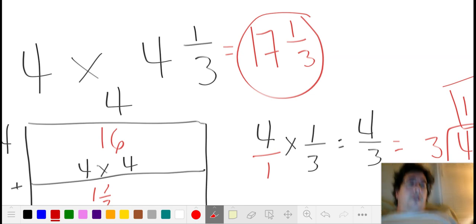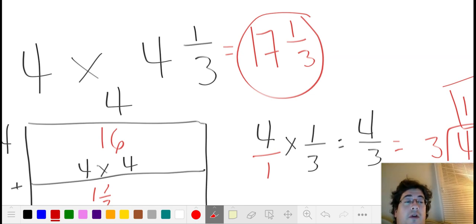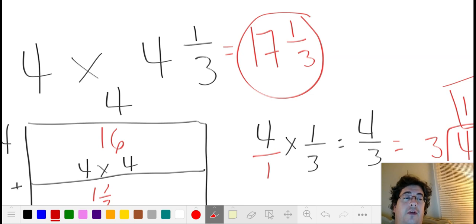So whether you use improper fractions or whether you use an array for your multiplying, doesn't matter. Just use whichever strategy works best for you. And good luck. Let me know if you guys have any questions on your mixed number multiplying.